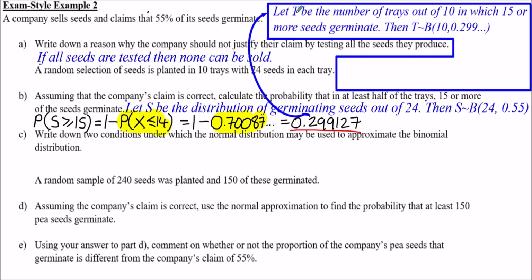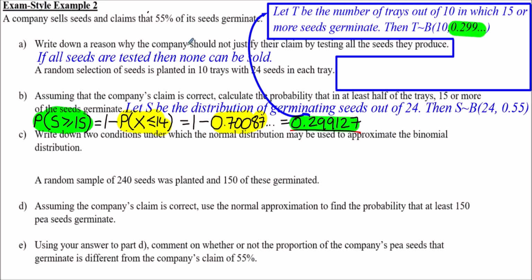So if we let T, big T, be the number of trays out of 10 where 15 or more seeds germinate, the number of trays expected with 15 or more germinating seeds will again be binomially distributed, because either a tray has 15 or more germinating seeds or it does not. Binomially distributed, 10 trays in total. The probability of just one tray having 15 or more germinating seeds is 0.299127, which is what we calculated for the first part of part B. So we're using this here over there.